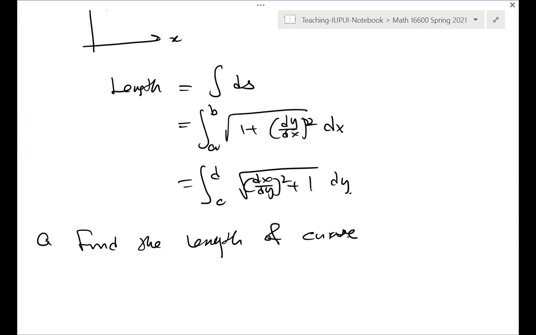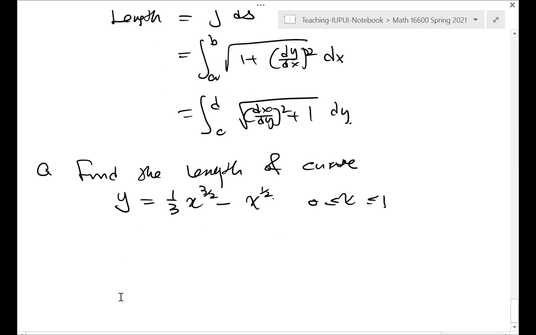Let me give you an example. Y equals, let's do this first, x is between 0 and 1.